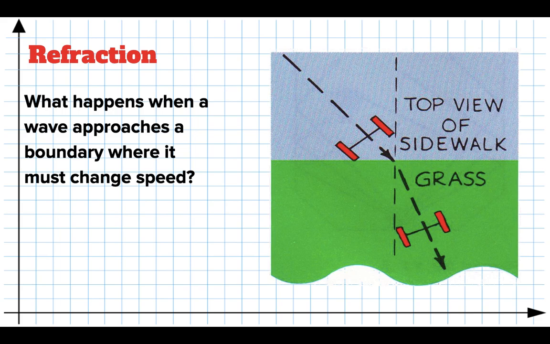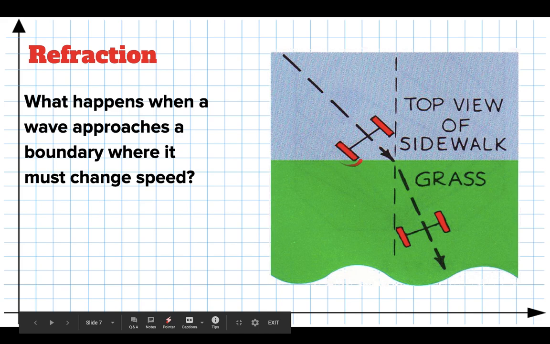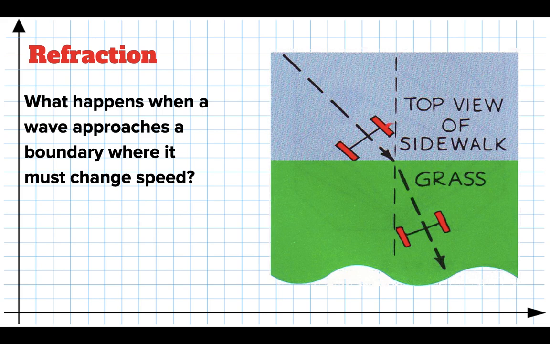Now, let's think about an analogy. Imagine you've got a wagon wheel rolling along the sidewalk, and it runs into the grass. This wheel hits the grass first, and so it slows down before that wheel does on the upper side, and that causes the wagon wheel to change directions.